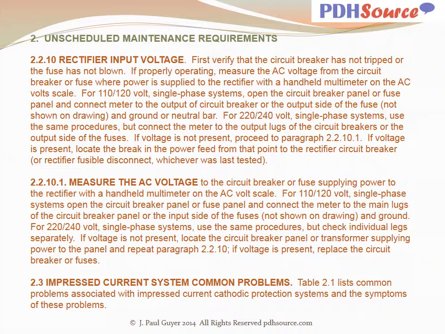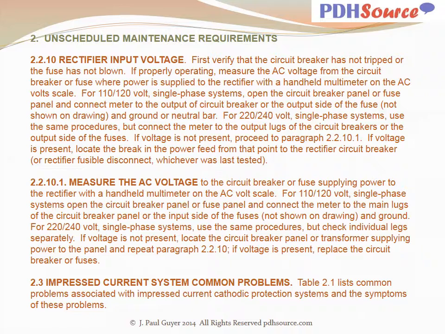2210.1: measuring the AC voltage to the circuit breaker or fuse supplying power to the rectifier using a handheld multimeter on the AC volt scale. For 110, 120 volt single-phase systems, open the circuit breaker panel or fuse panel and connect the meter to the main lugs of the circuit breaker panel or the input side of the fuses, which are not shown on the drawing, and the ground.